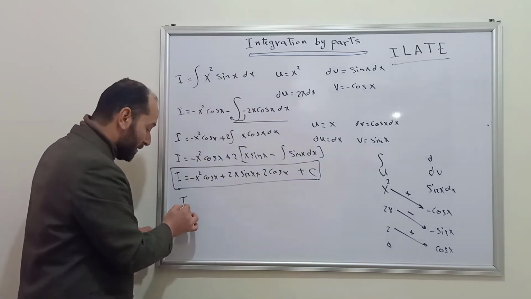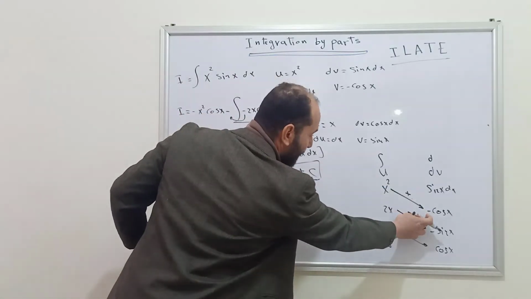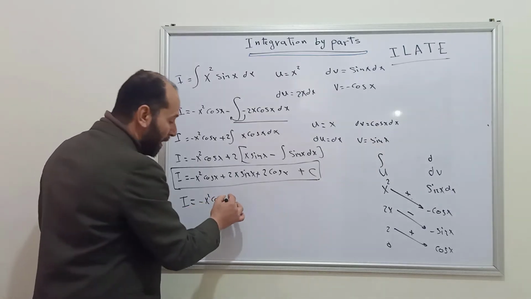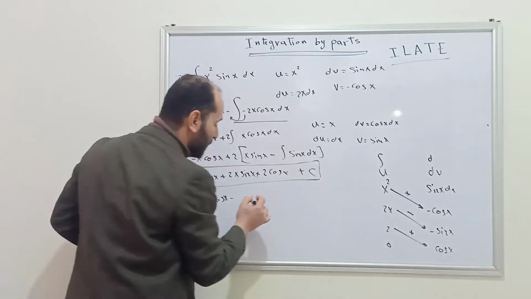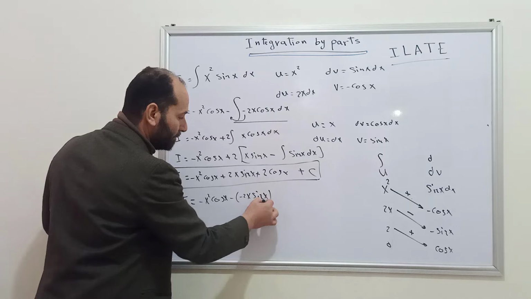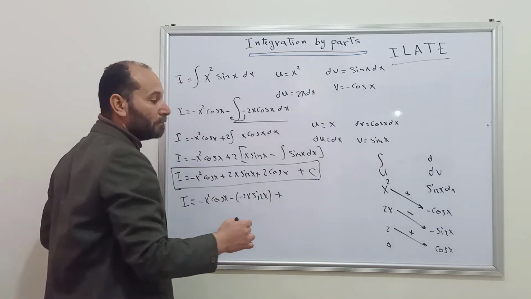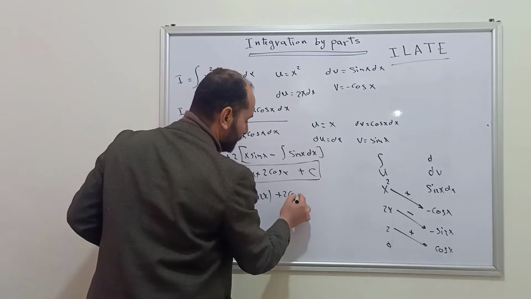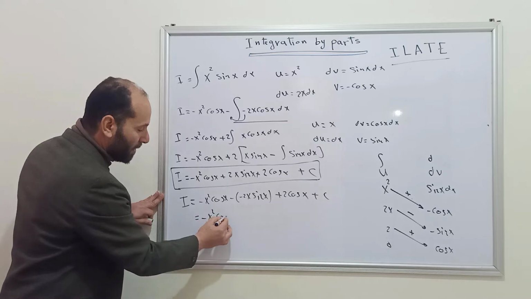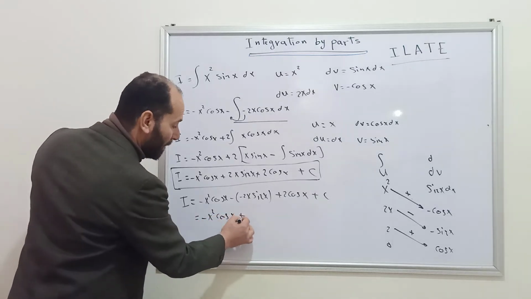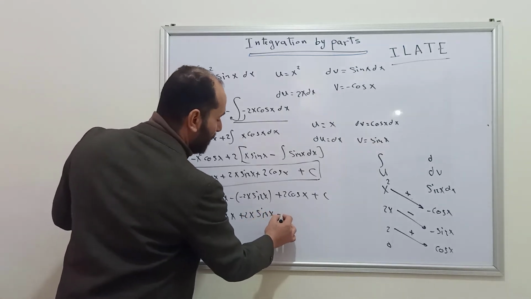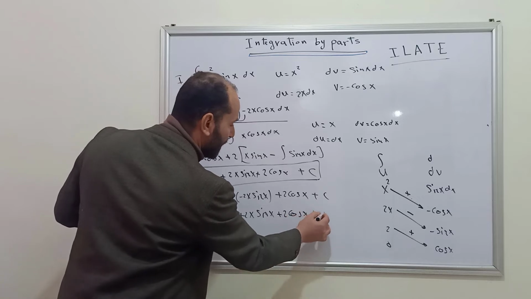So this integration I equals x squared times negative cosine x, negative x squared cosine x, minus negative 2x sine x, plus 2 times cosine x, plus c. This equals negative x squared cosine x plus 2x sine x plus 2 cosine x plus c.